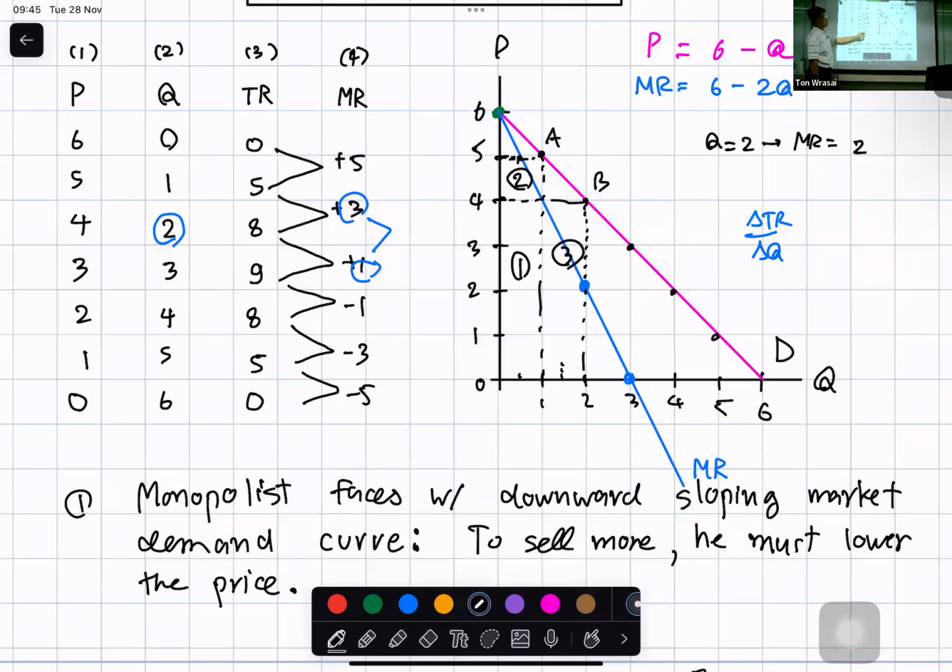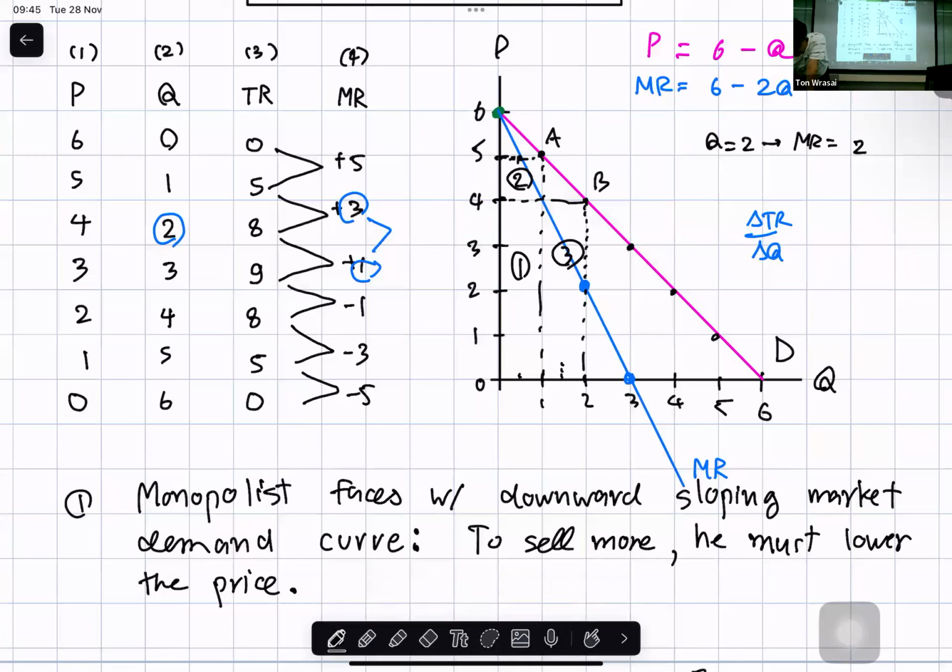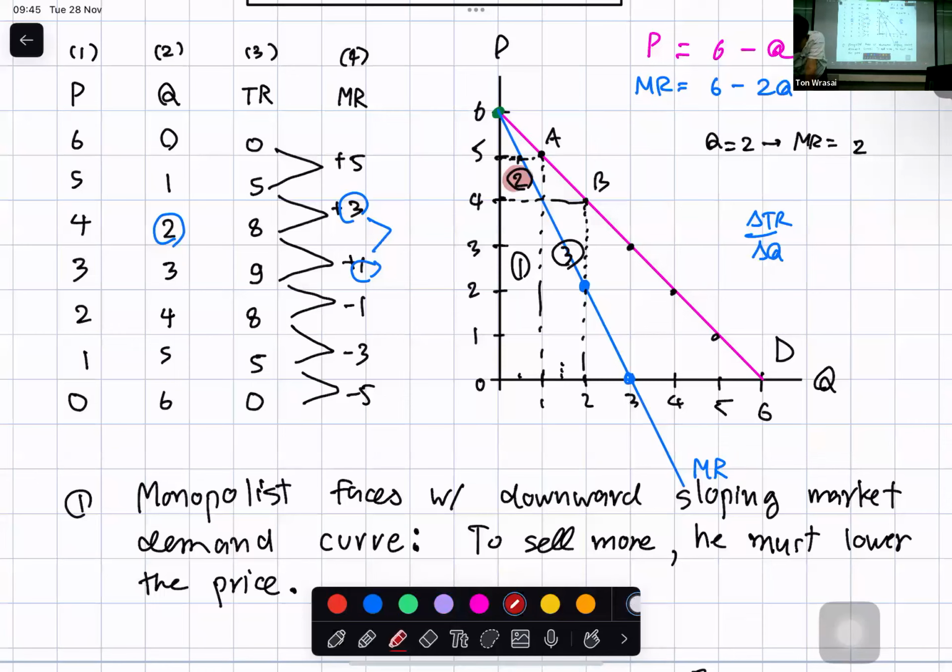So that means before we have 1, 2, once we change the price, we can sell more, revenue changes to be 1, 3. That means we lost 2, but we gain 3. Let's paint the area of loss then. Loss, let's use red color. And the gain area is area 3.